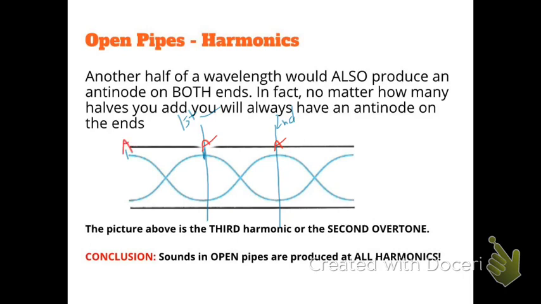And if I put the third one in, we have another antinode. So what we're seeing so far is that we're going to hear all of the harmonics. This one is relatively similar to the string, a little bit different in where the important parts are, but it's still like half a wavelength is your fundamental frequency.